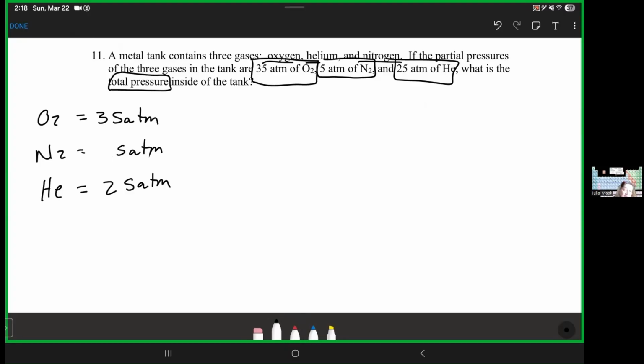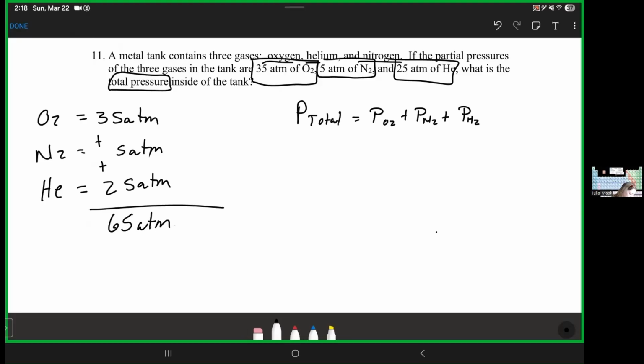So remember, when we've been given several pressures, our pressure total is going to be equal to the pressure of the oxygen plus the pressure of the nitrogen plus the pressure of the helium. Okay, so we're just going to add all of those together, and you get 65 ATM.